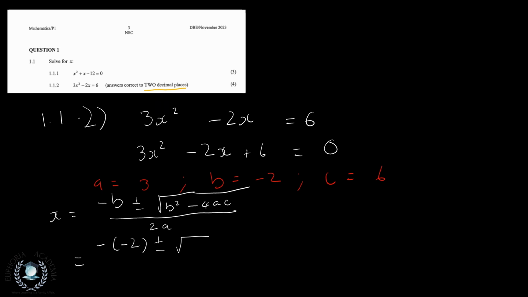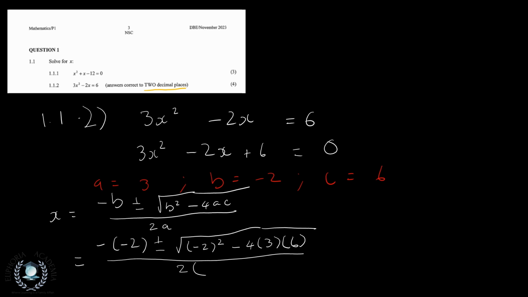I like substituting everything in brackets so that I don't forget anything. All right, and then we have 4, we have 3 here. I'm going to have c being 6 in the bracket as well, all divided by 2a, which is 2 multiplied by 3.